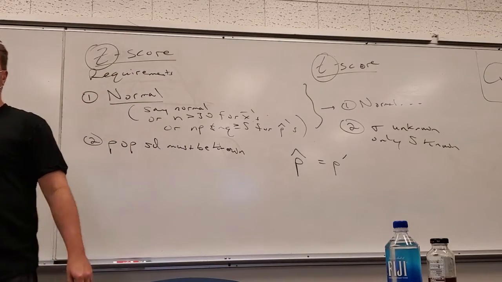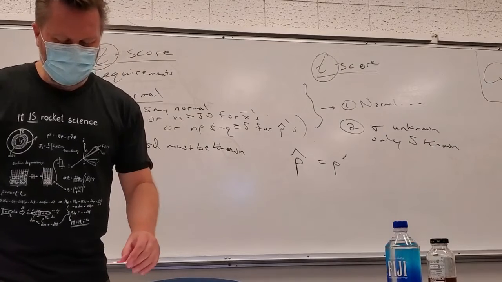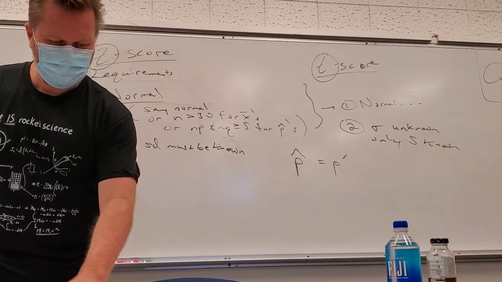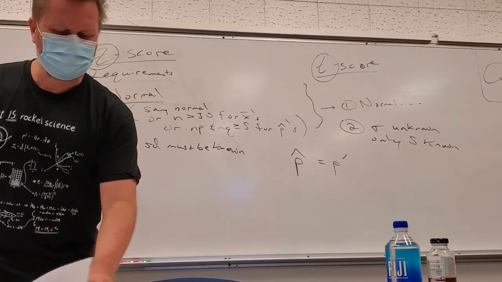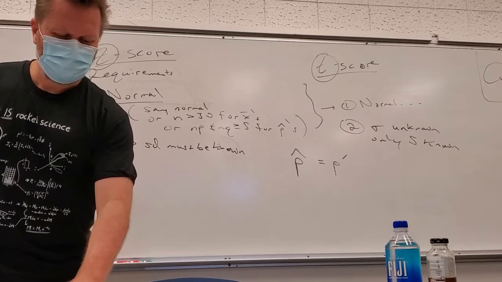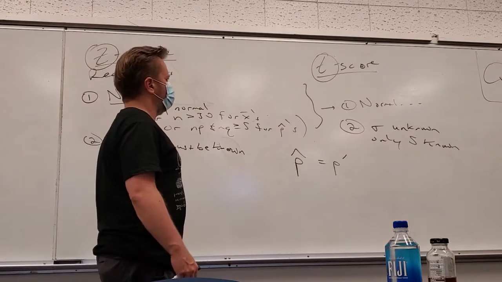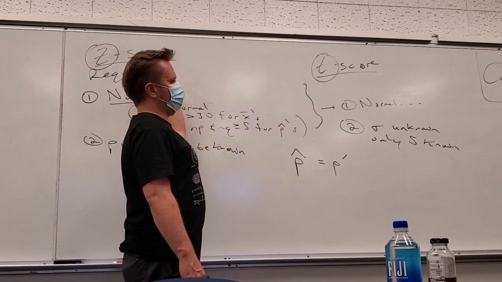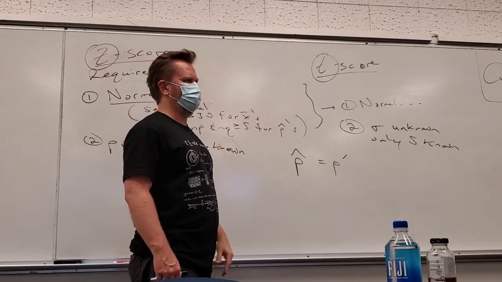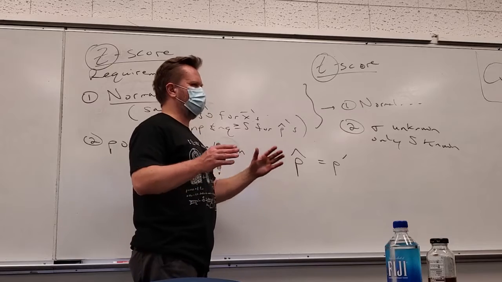Another question: a lot of the questions in the book say, state which distribution you would use. The main thing there is whether it's a z distribution or a t distribution. With confidence intervals, that's the main distinction.